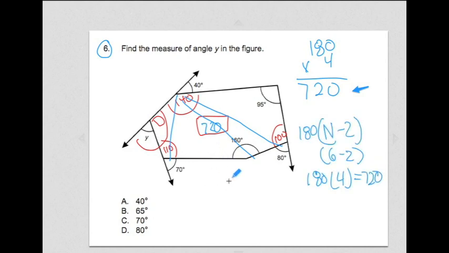Okay, with the 720, now I can start subtracting all these values here. To make my life a little easier, I might very quickly take 160 plus 100 plus 140. All right, here I got 100, I got 95, and I got 100. Okay, I add all these ones up here.